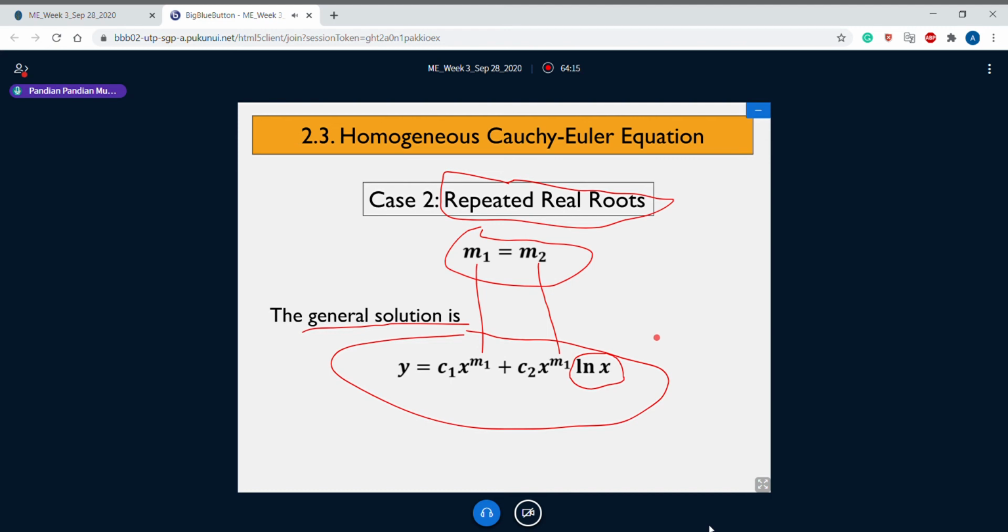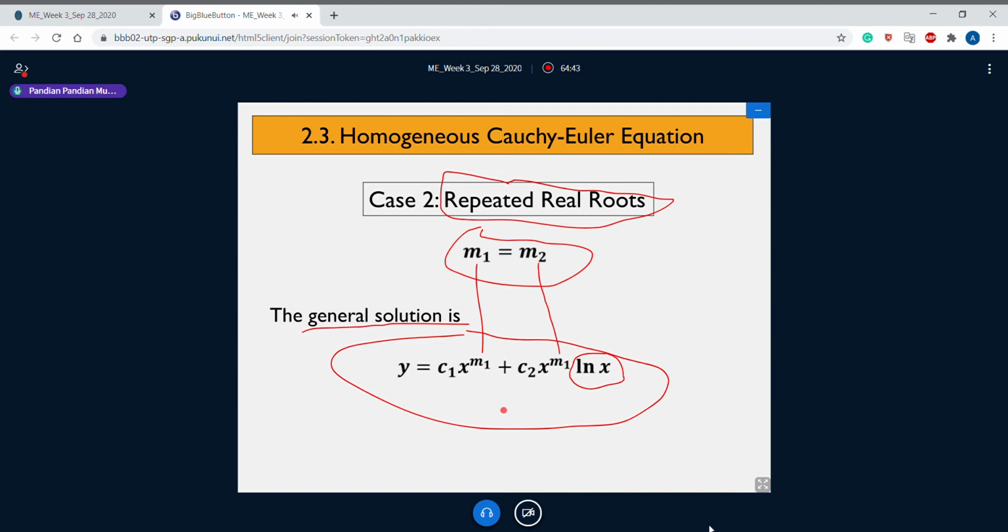But if you don't have ln x, then these two will be the same. So we can take C1 x to the power m1, C2 x to the power m1, and put it as C3 x to the power m1. In that case, you are solving first order, not second order. Second order means, theoretically speaking, you must have 2 independent solutions.